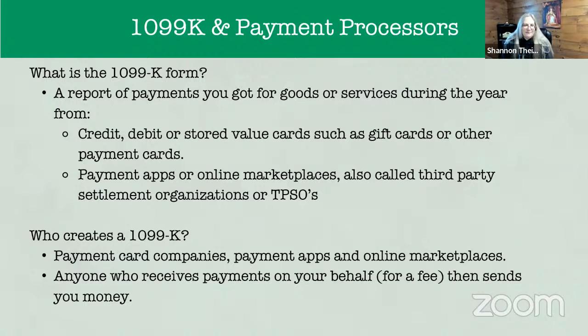And it's basically anyone who receives payment on your behalf for a fee and then sends you the money. They can either deposit the whole amount and then pull their fee separately, or deposit your money less the fee.